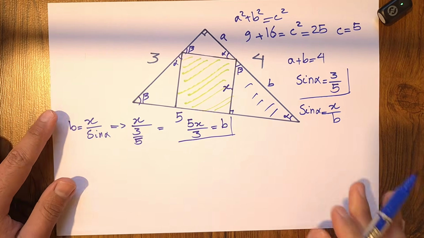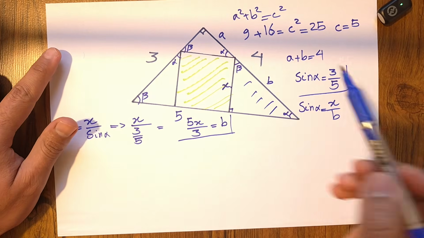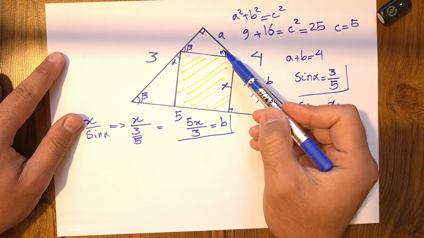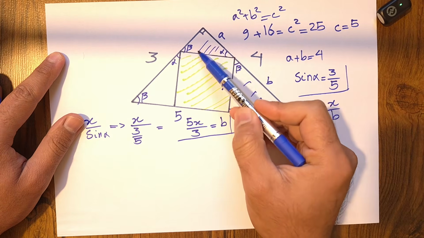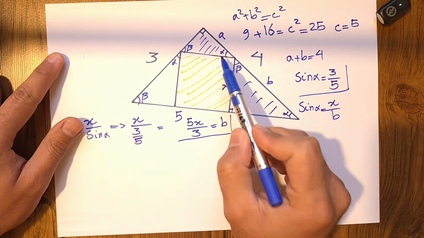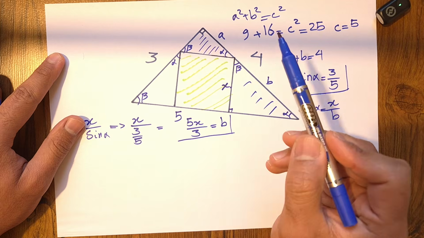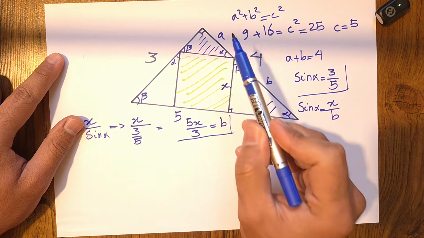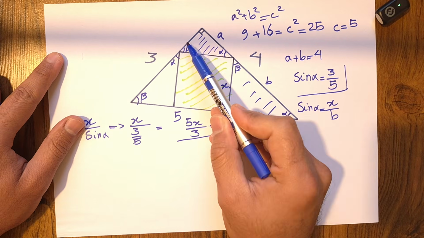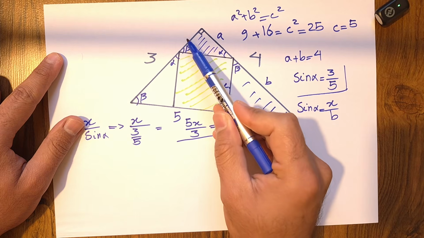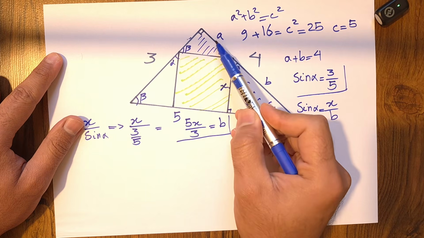Now let's do the same thing for a, but we can't use sine, because in this little triangle the sine of alpha would be the opposite over the hypotenuse. Opposite is this side. We don't need this side, we need this side.